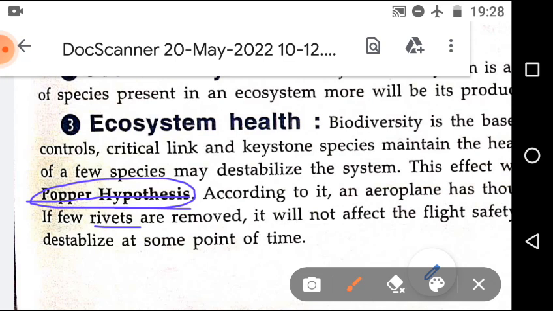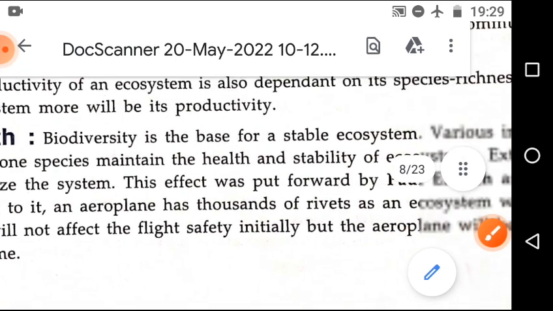The rivets which are used to make the structure of the plane, to join the metal plates, are referred to here as species. So Paul Ehrlich made a hypothesis called the Popper hypothesis. It is also called the Rivet Popper hypothesis.